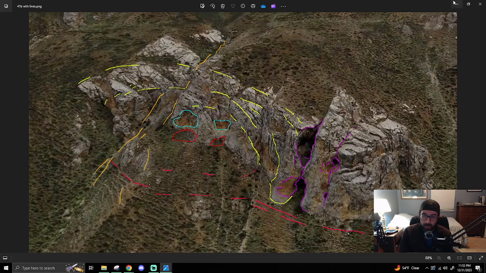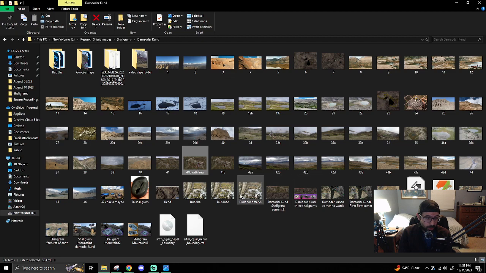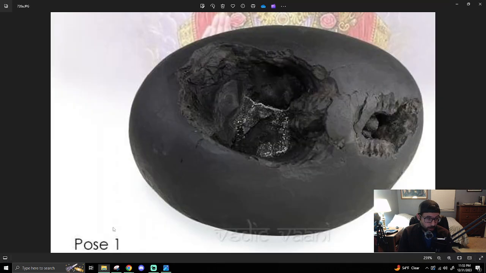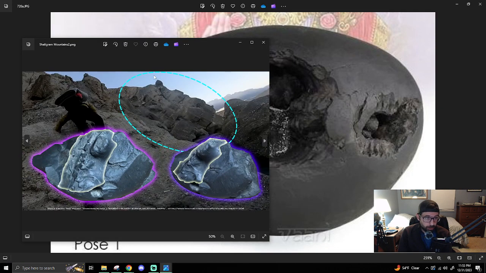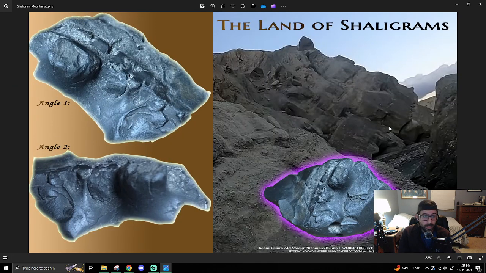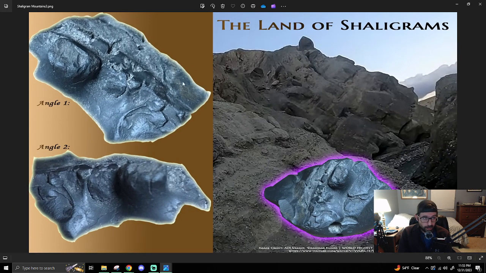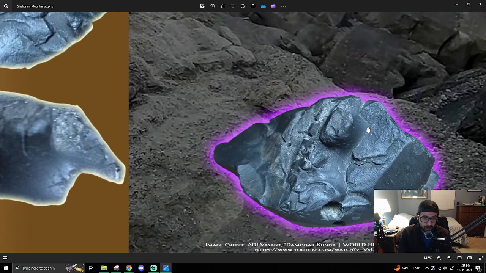So this, for instance, I mean, there's many instances of this, like this one over here, looking very much like that, which is this chunk in here.